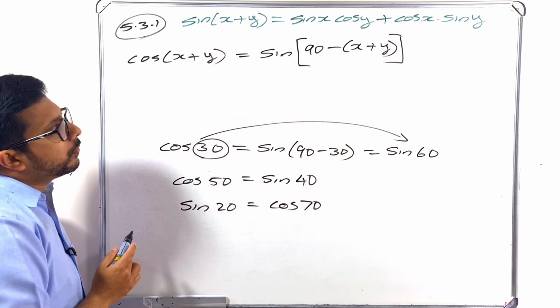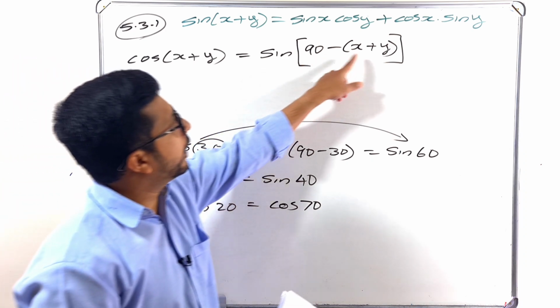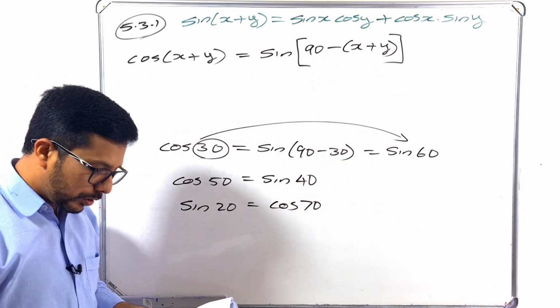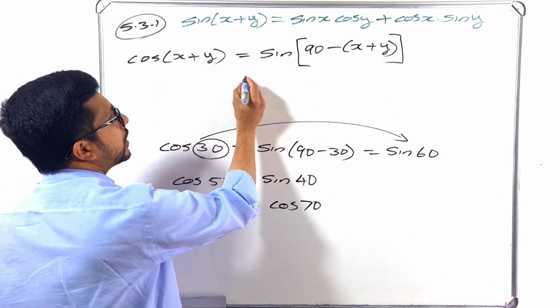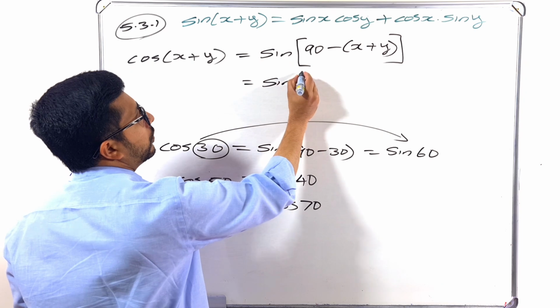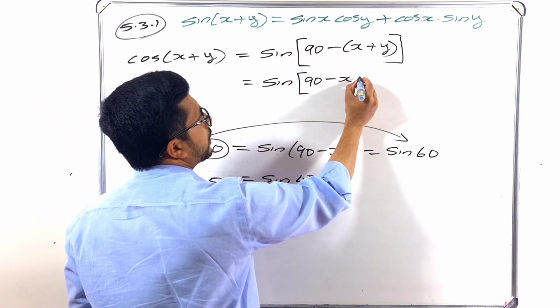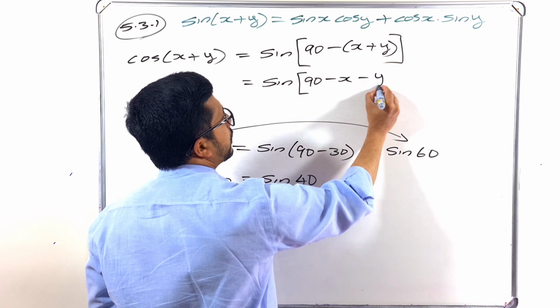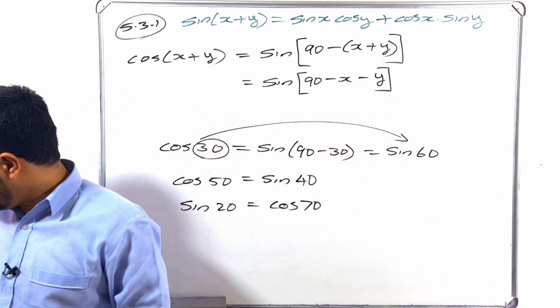Now look at this one, 90 minus x plus y. I'm going to expand this bracket. Minus into x is minus x, minus into plus y is minus y. So sine of 90 minus x minus y.